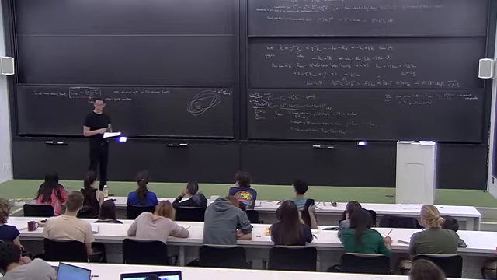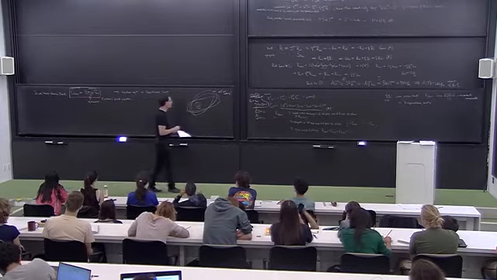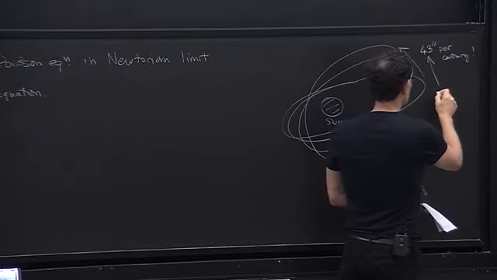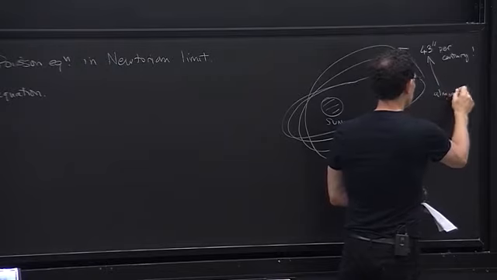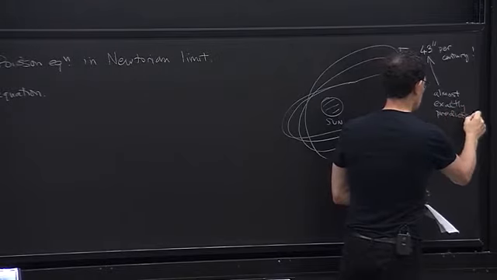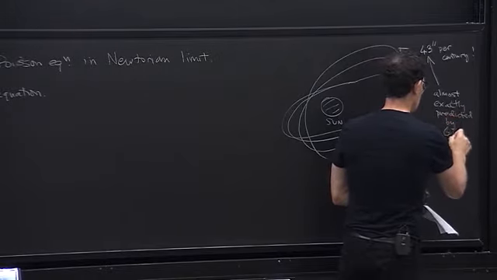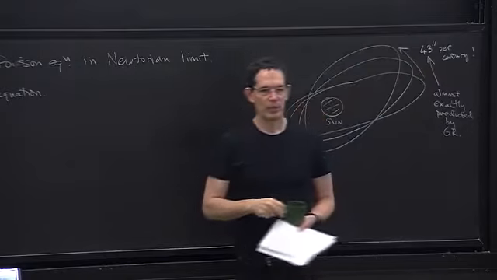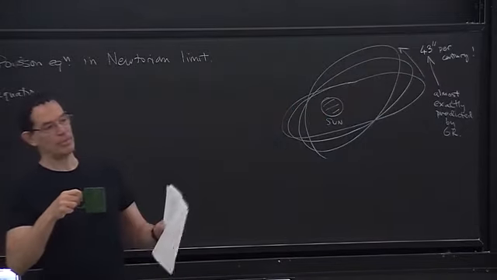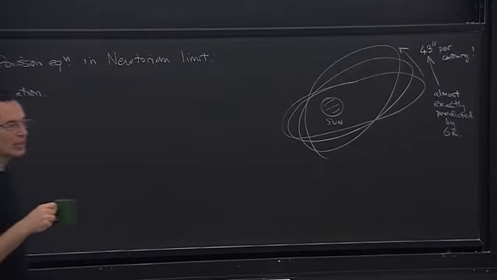He found the orbit is not exactly periodic, and he predicted this number almost exactly, with no free parameters at all. So that was pretty stunning confirmation.